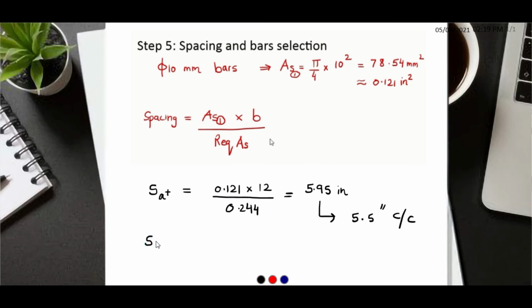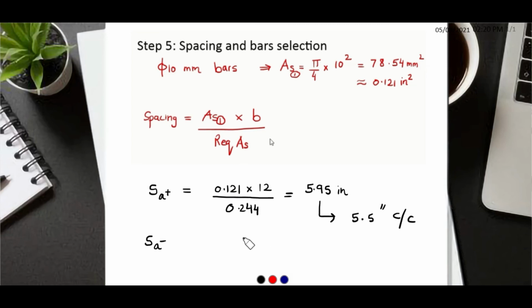Now let us find the spacing in the shorter direction but for negative moment. In this case we have already provided some steel, so we need to subtract the area of steel already provided from the area of steel required in the negative section.